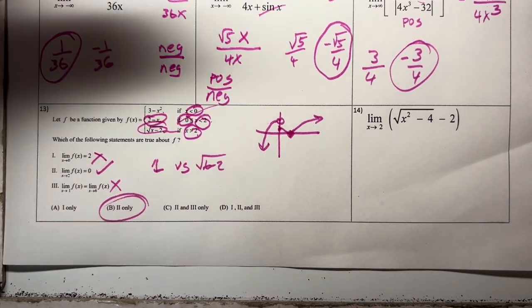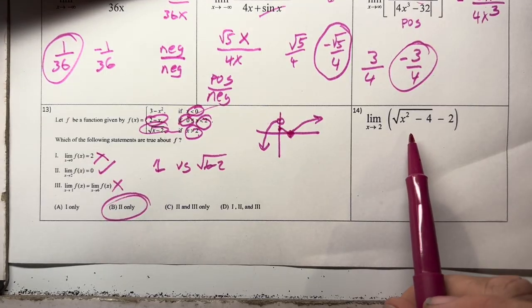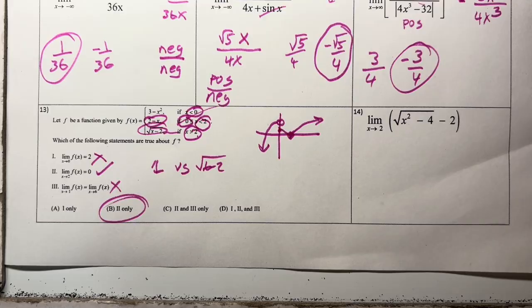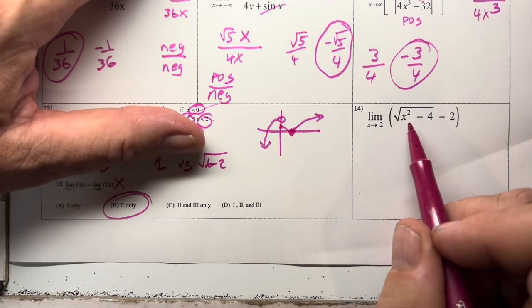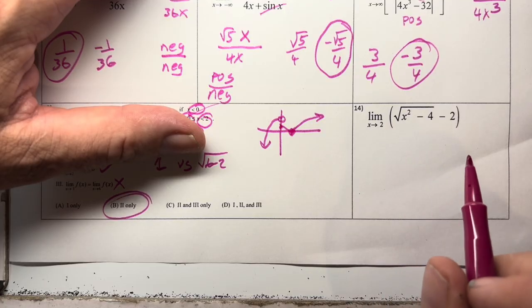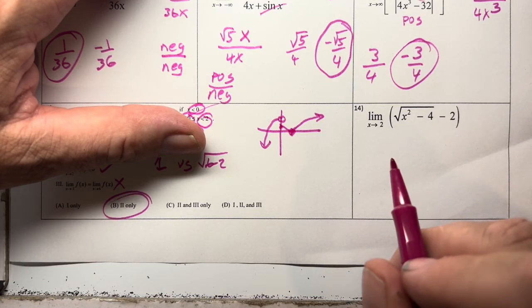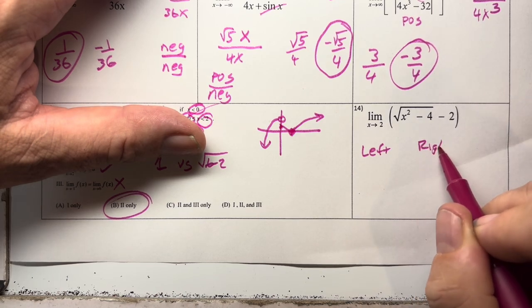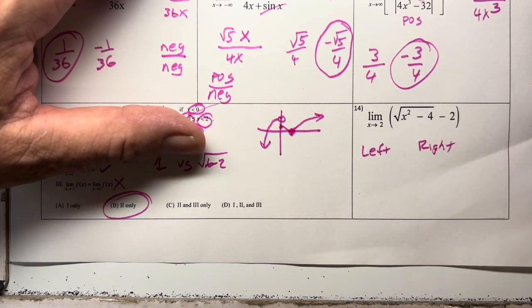All right, and then one last challenging one. This is 0 minus 0, I think, no. If I plug in 2, ooh, okay. This looked like a different thing. All right, let's be careful. Let's plug in from the left and the right because of this square root of 0 thing. And I'm not sure. This looks a little weird.